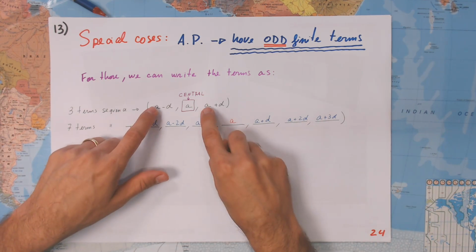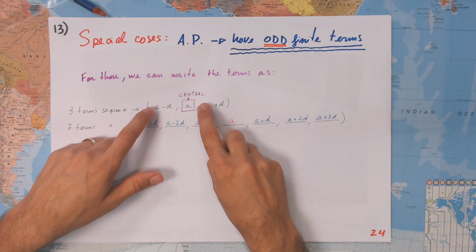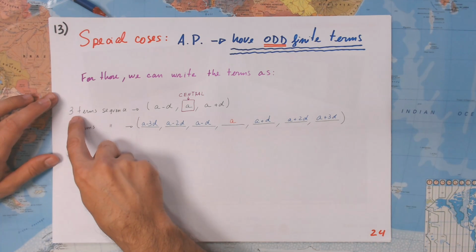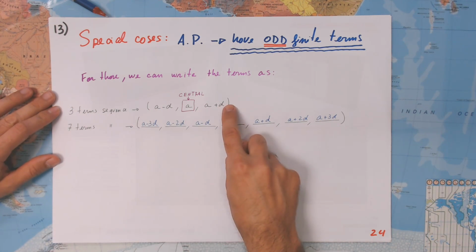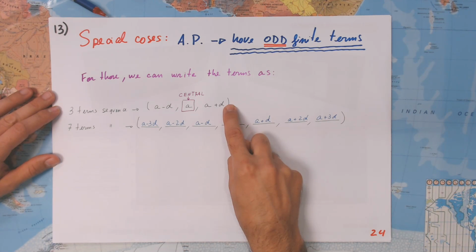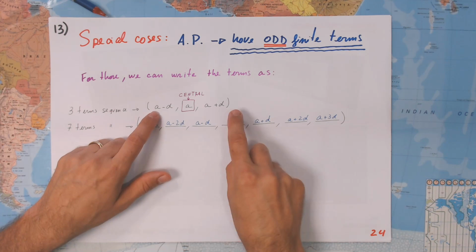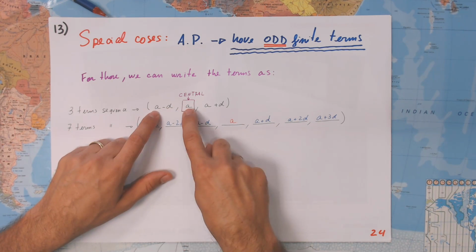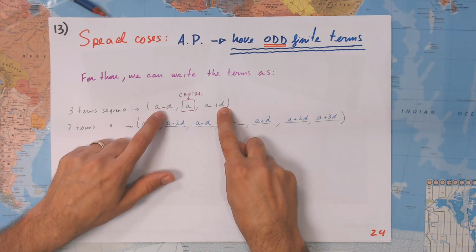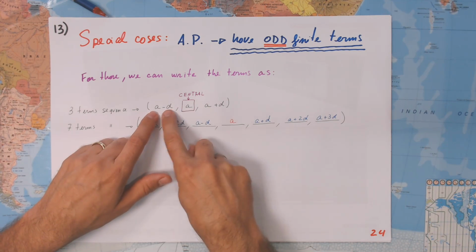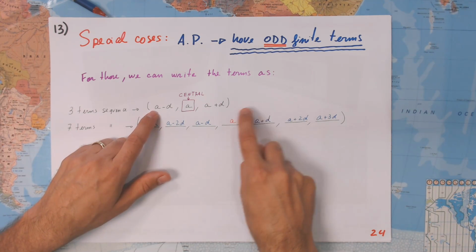In this case, we're going to have 3a. Let's suppose I tell you that when you sum up all the terms of the sequence, we get 9. The summation is 9. Well, if we add a minus d plus a plus a plus d, those are going to cancel. So 3a is going to be 9, and a is going to be 3.